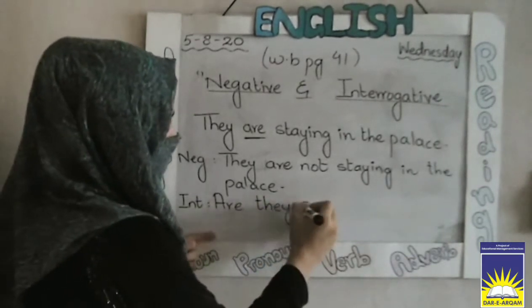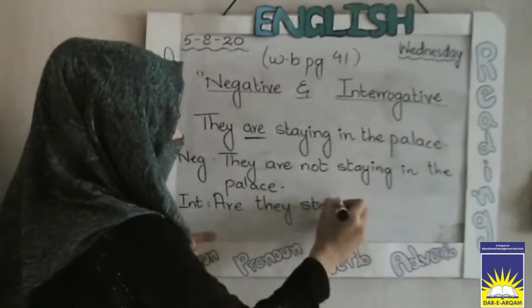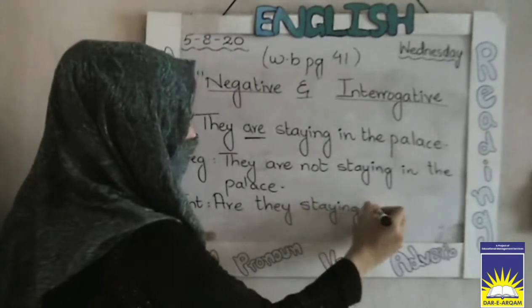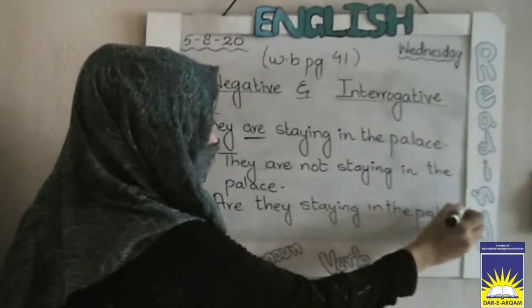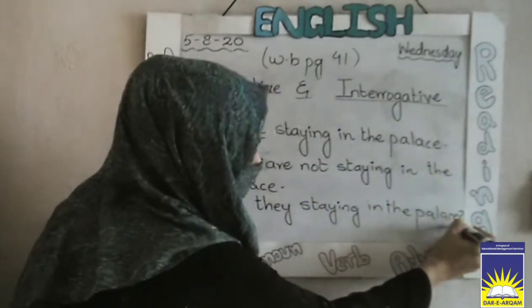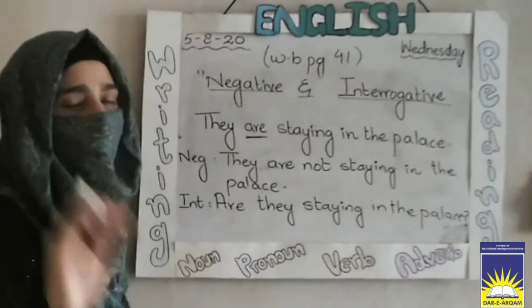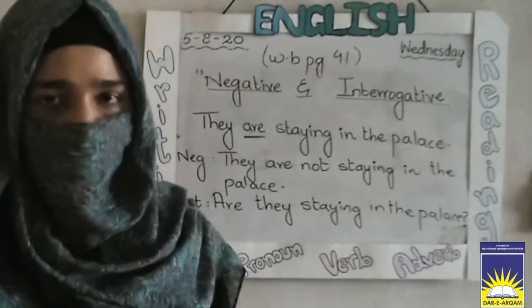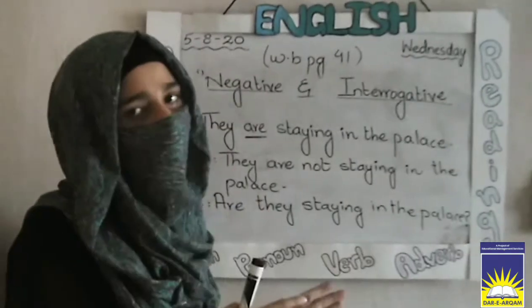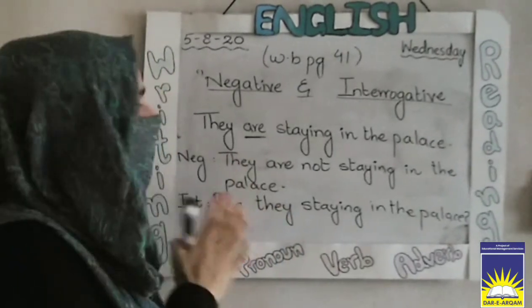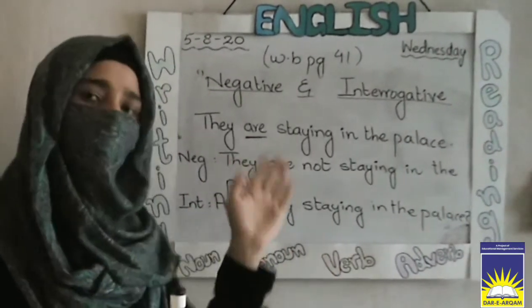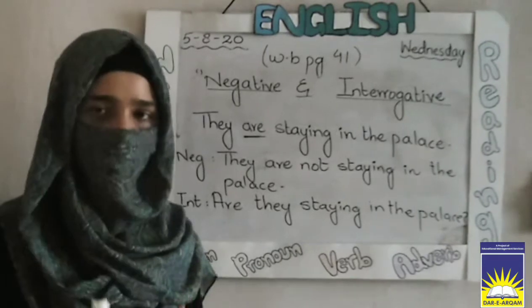Are they staying in the palace? Then a question mark. Always write the question mark at the end. If you miss any of the rules, your whole sentence will become wrong. So this is how you have to change the given sentence into negative and interrogative.